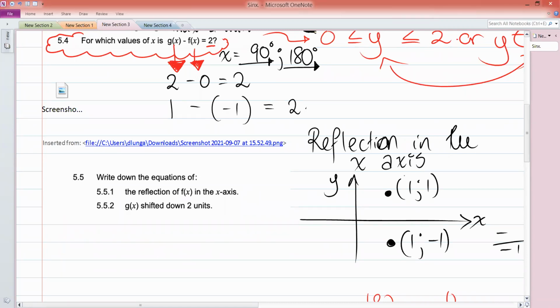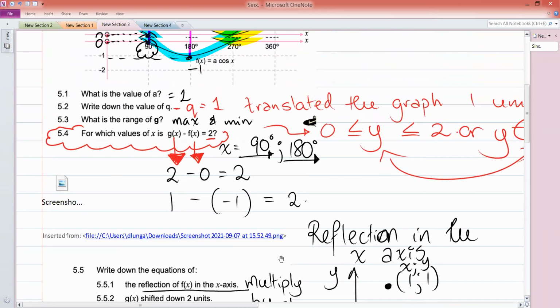So what's happened to your x value has stayed the same, but what's happened to your y value? It's become negative. By -1. Brilliant. So to reflect anything in the x-axis, we always multiply the entire graph by -1. So your f of x, what was it originally?